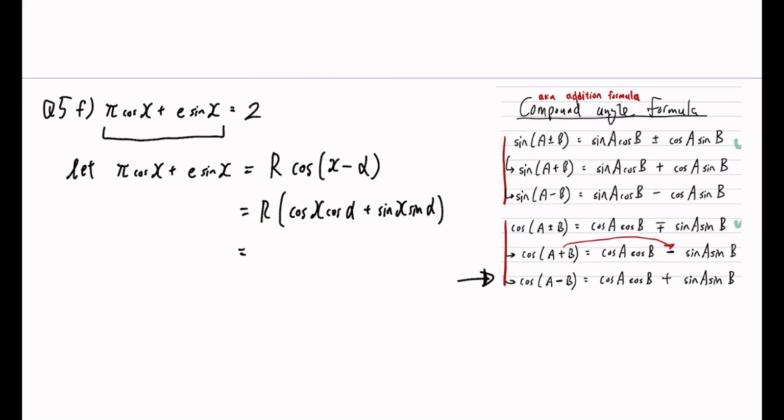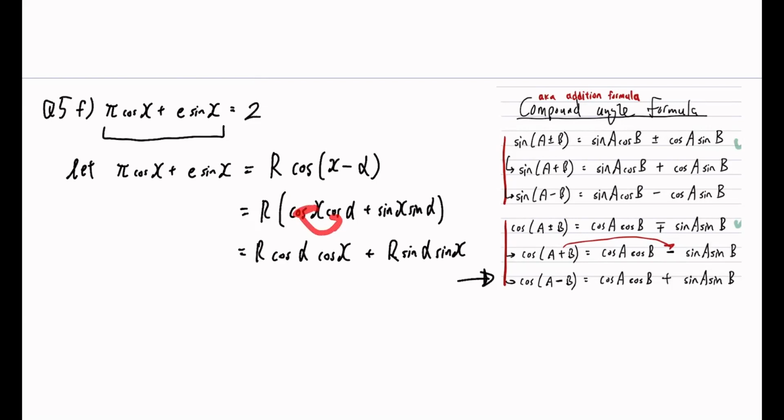R cosine alpha cosine x, correct. Plus R sine alpha sine x. Good.